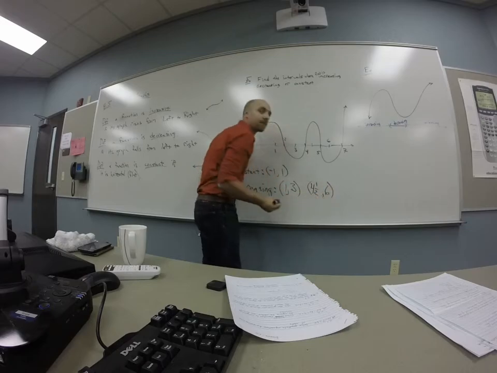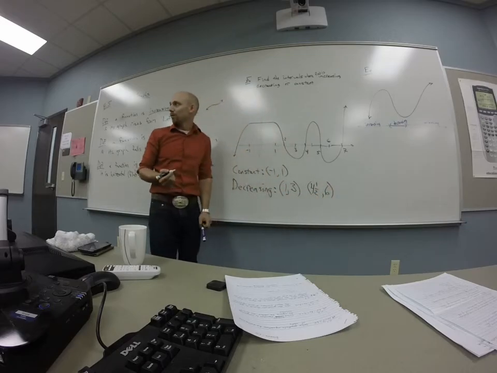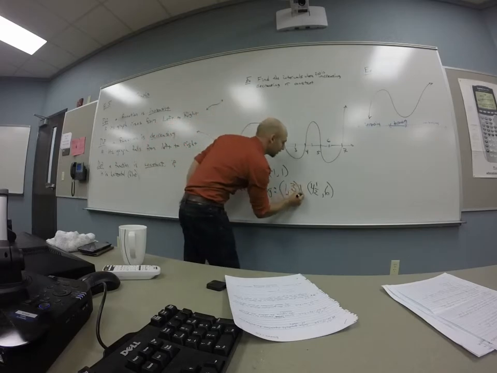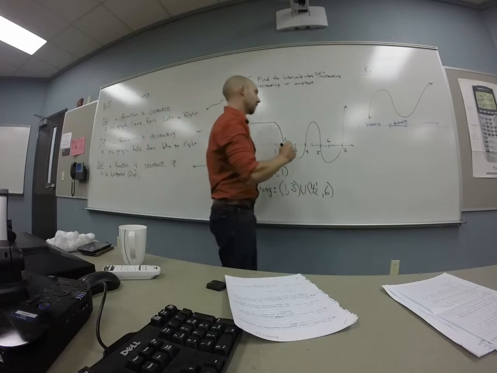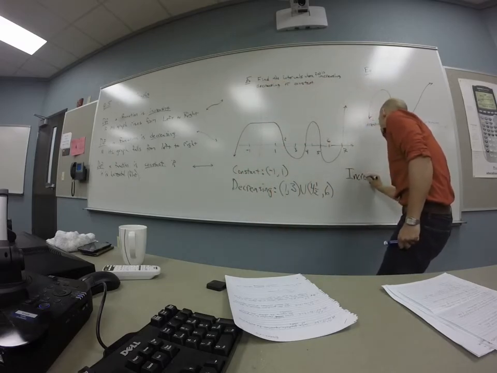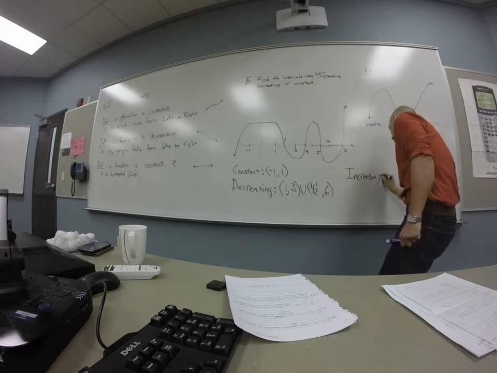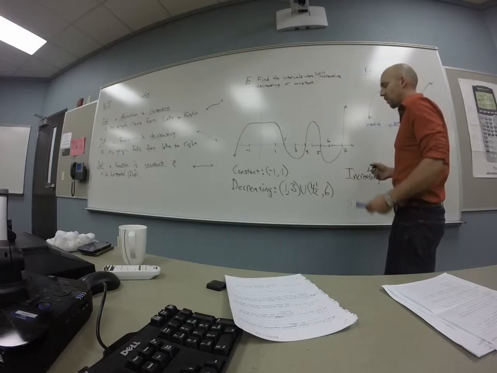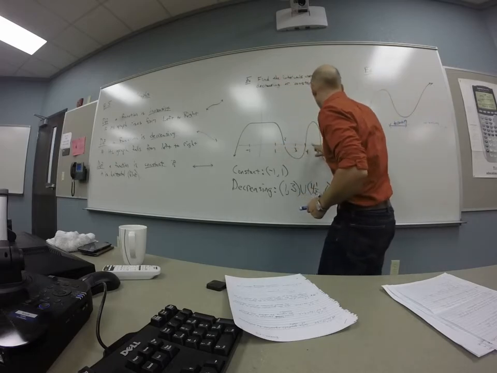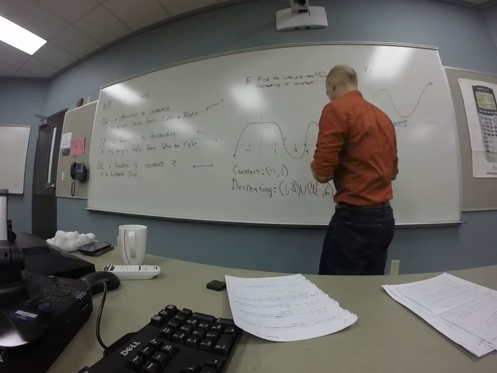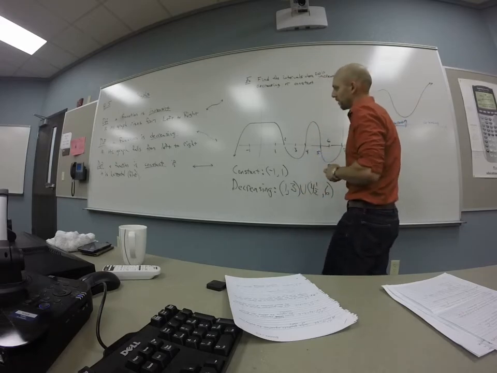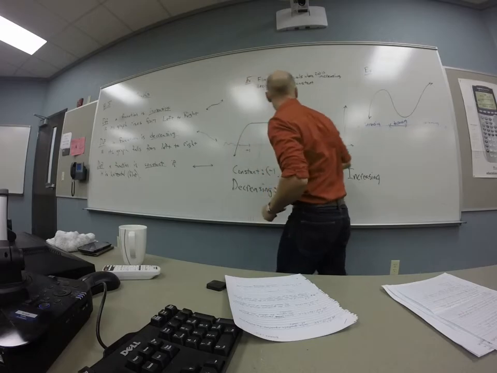Same thing with these guys. What's the symbol I put in between these? Yeah, I put the U thing, the union, to stick them together. How about increasing? Okay, so my increasing ones are, let's see, I'm looking at this stuff.